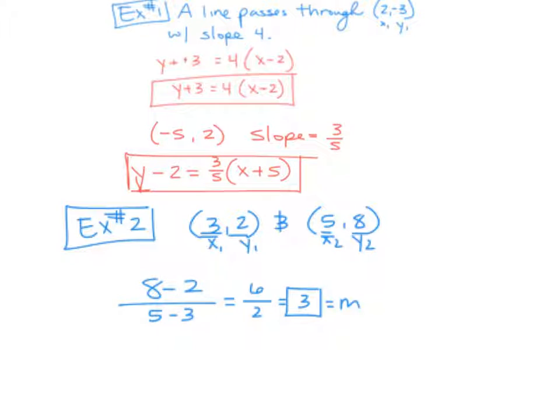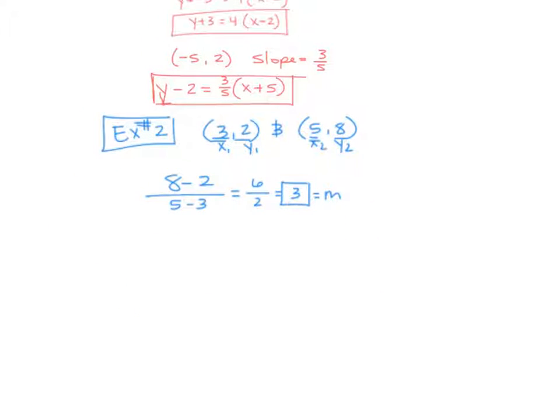Now to put it into point slope form, you pick a point, and it doesn't matter which point, you just need to pick one. So your two options for answers here, don't give me both, just pick one. If I pick this point, the 3, 2, it would be y minus 2 equals 3 times x minus 3.